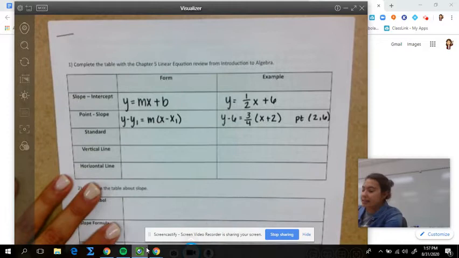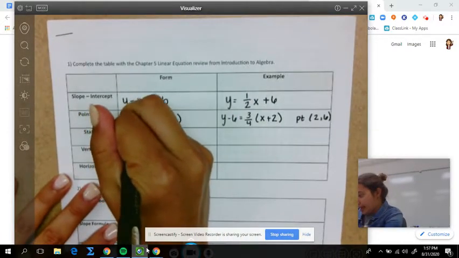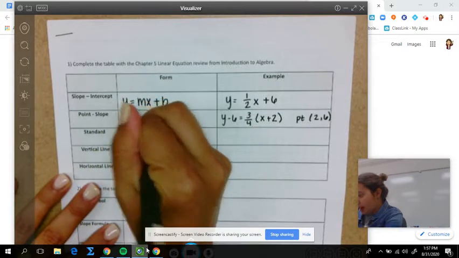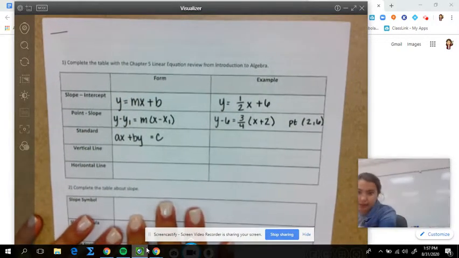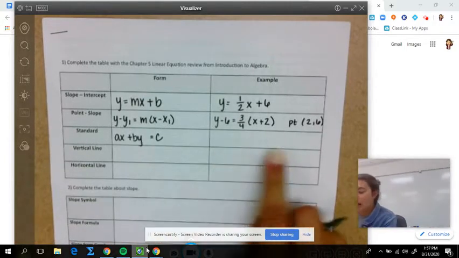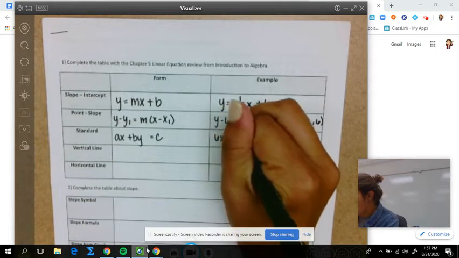Something in standard form looks like ax plus by is equal to c. We haven't done too much with that this week, but as you remember, that can mean a multitude of things.